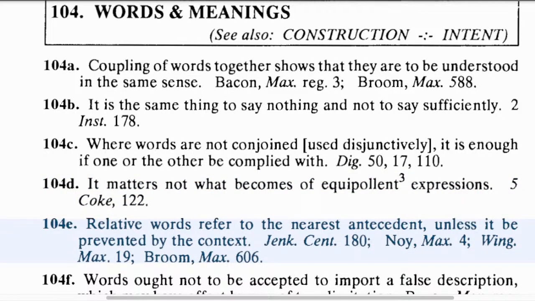Relative words refer to the nearest antecedent unless it be prevented by the context. All right, let's get this one again. Relative words refer to the nearest antecedent unless it be prevented by the context.